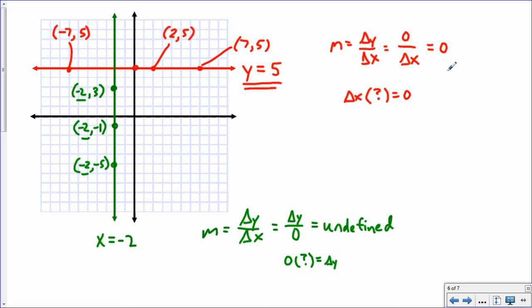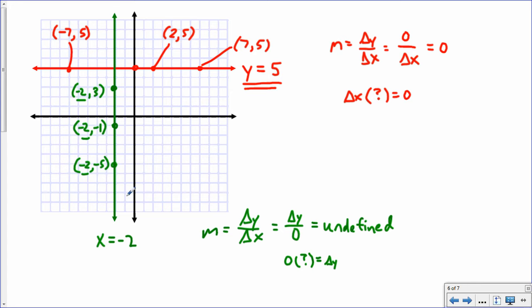Some students try desperately to memorize which one is which, but unless you come up with some really good mnemonic device, it shouldn't be difficult to memorize that. But my question is, why memorize something that's easy to understand? And you can't fully understand it unless you understand why delta y divided by 0 is undefined.